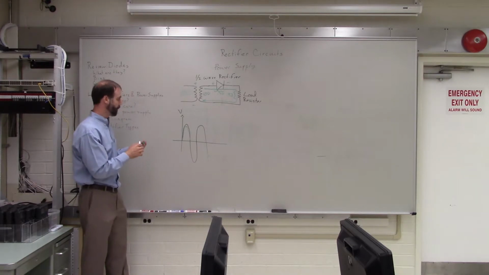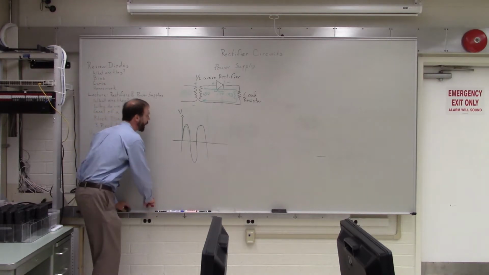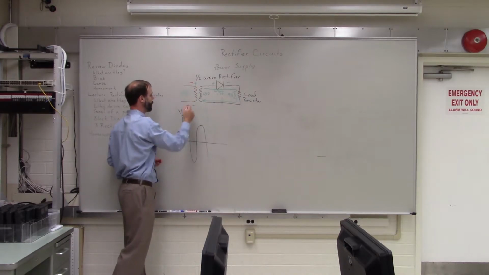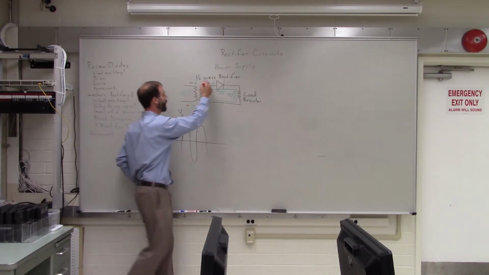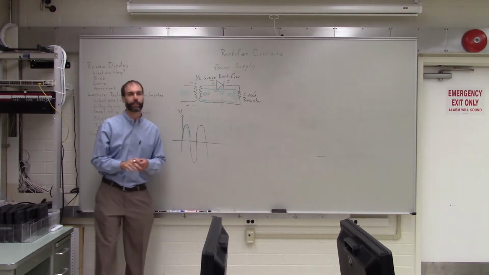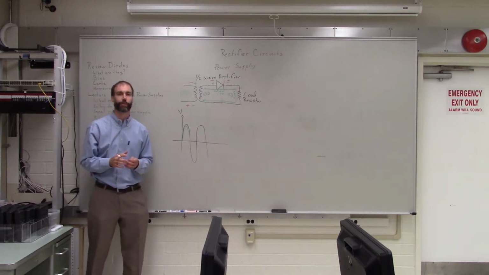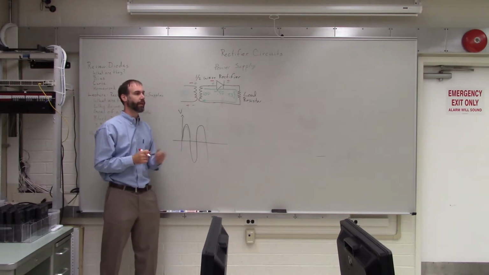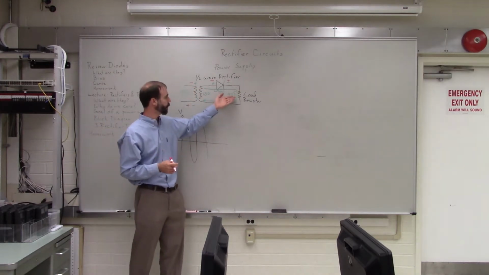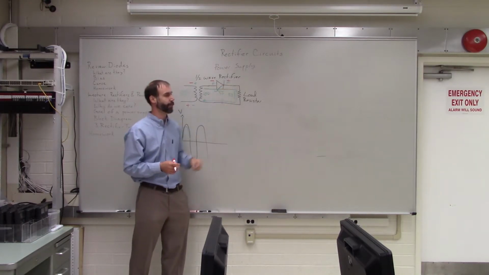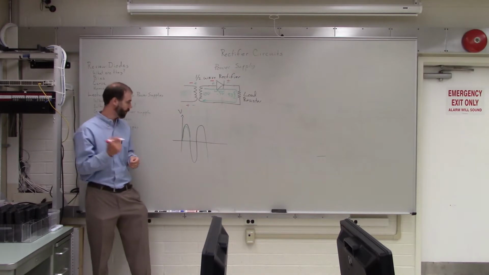Okay? Now let's look at the other case where we have a negative voltage up here and a positive voltage down there. Now we've got a negative voltage on that side of the diode and a positive voltage on that side. So is the diode forward biased or reverse biased? Reverse. Reversed. So is current going to flow? Nope. No, exactly. So there's no current flowing across the resistor. How much voltage do we have across the resistor when there's no current? 0. 0, exactly.